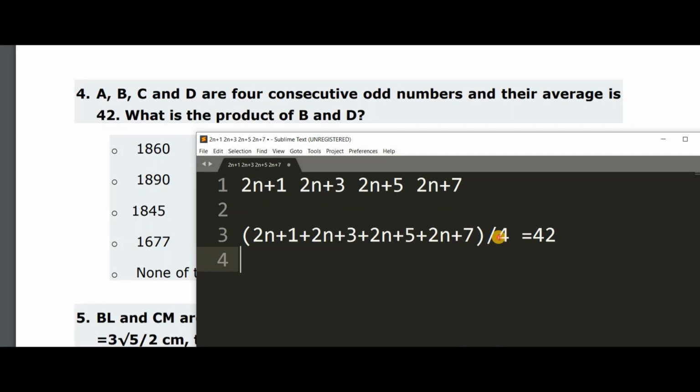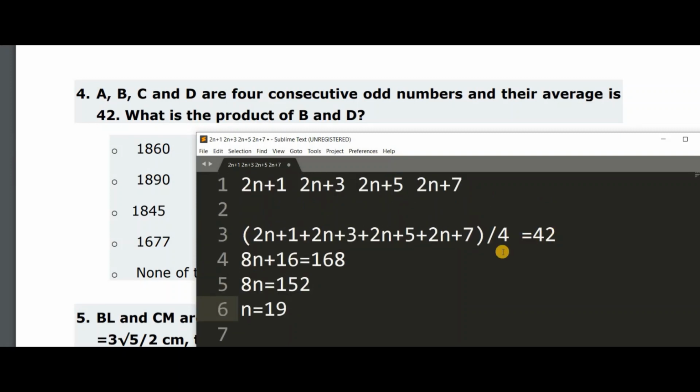So let's take this 42 to the right side. We will get 168. And the sum of all these numbers is 8n plus 16 equals 168. So 8n is equal to 168 minus 16, which is 152. So 8n is equal to 19.